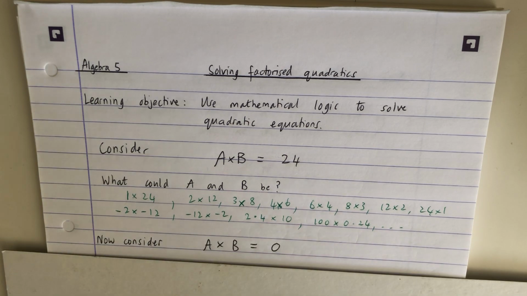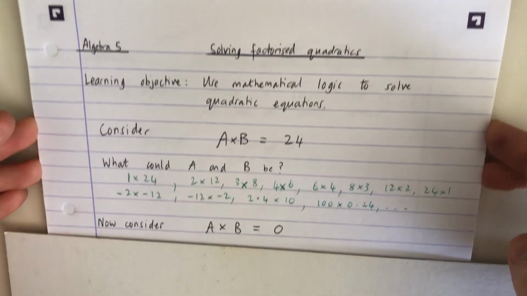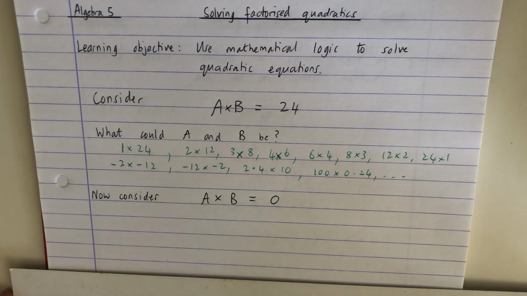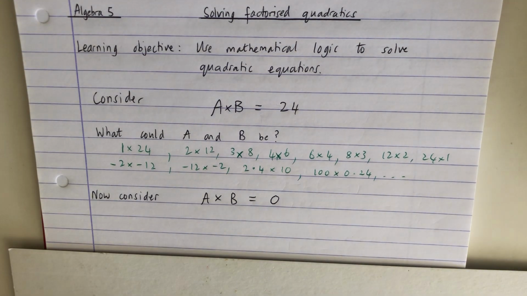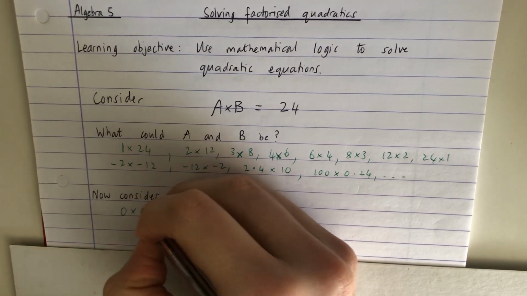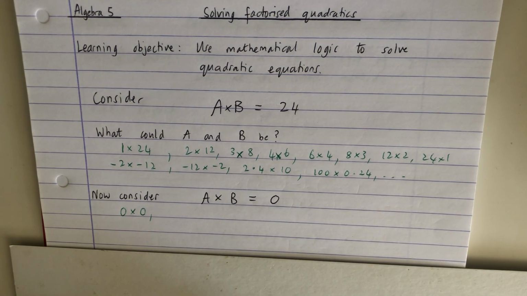Now, let's consider the equation a times b is equal to 0. All I've done is change it from 24 to 0. What answers could this be? Well, you could have 0 times 0, which would give you 0.